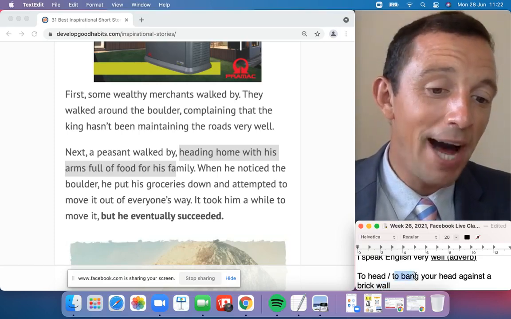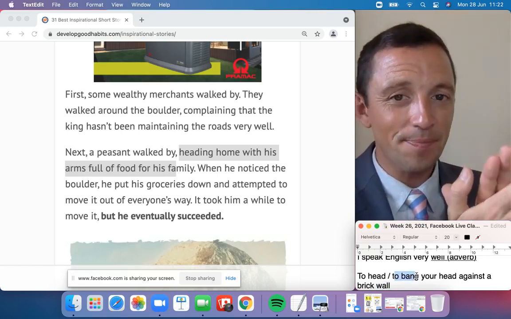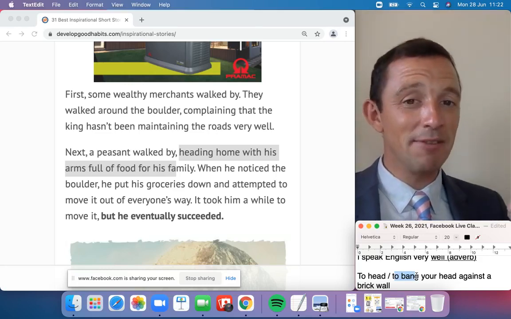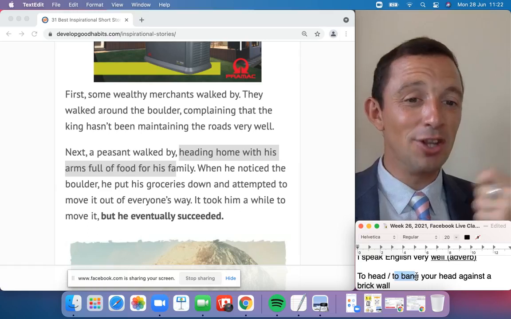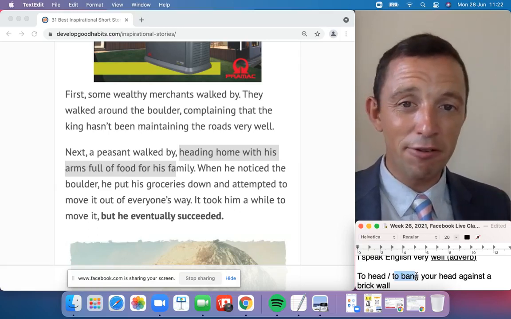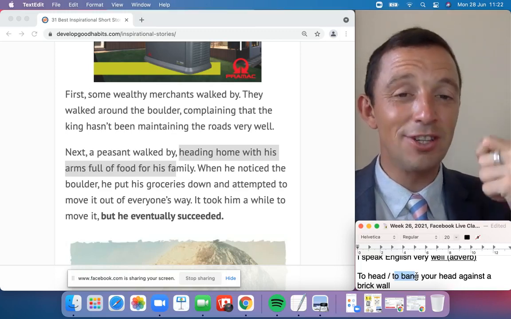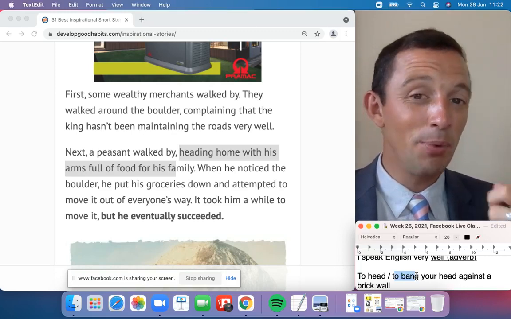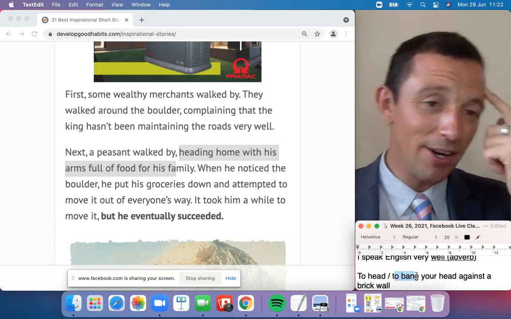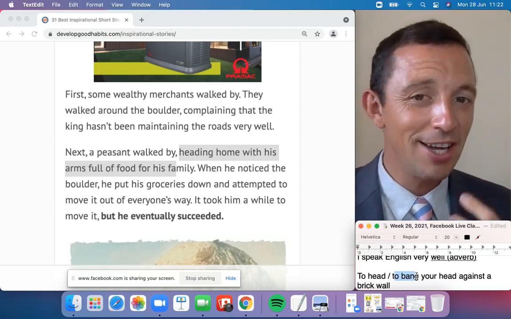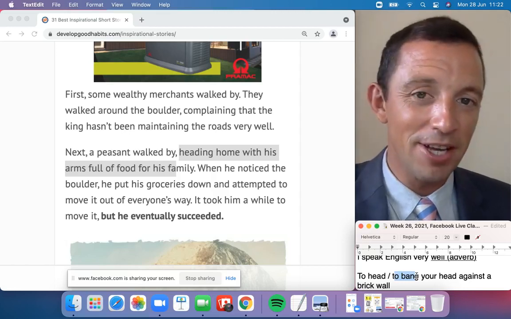So the verb to bang is like golpear, to hit. So if you bang your head against a brick wall, it's a metaphor that you are making no progress. You're very frustrated and you're trying to communicate with the person. You're trying to negotiate with the person, but it's similar. It's like banging your head against a brick wall. You have no success, no progress, and it's very, very frustrating.